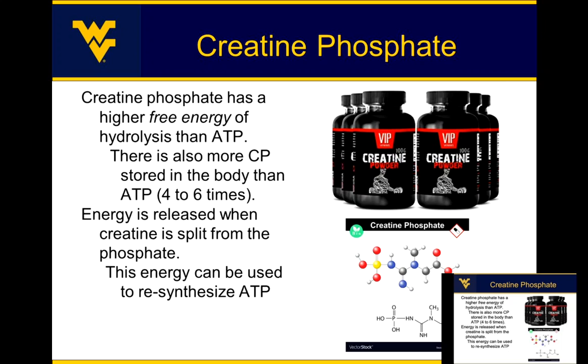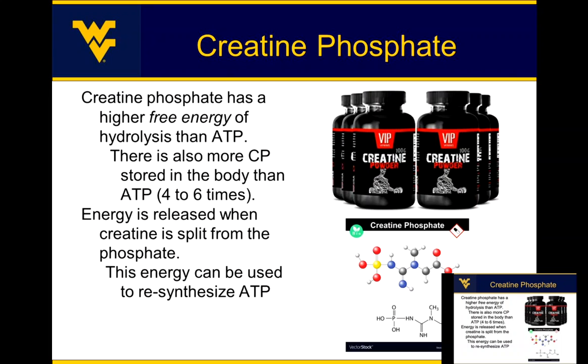But I wanted to show you exactly what creatine phosphate is actually doing. So the first thing to tell you is that creatine phosphate is considered to have a higher energy of phosphorylation or free energy potential than ATP. Okay, and there is actually 4 to 6 times more creatine phosphate stored in the muscle.